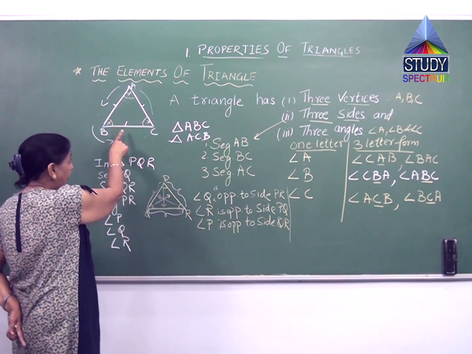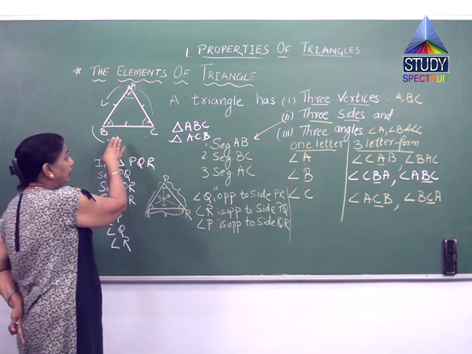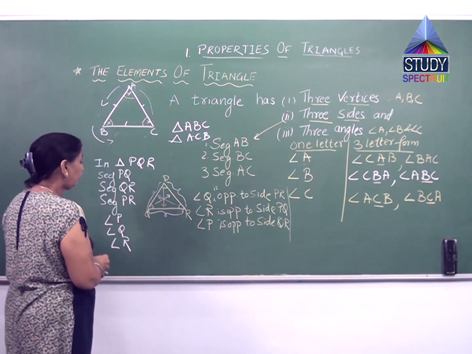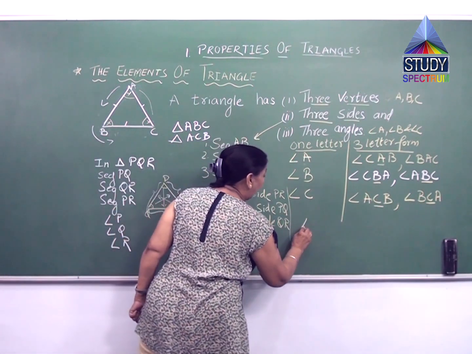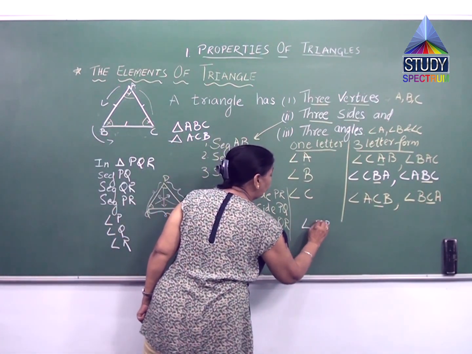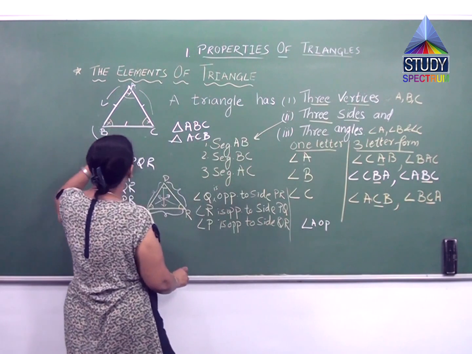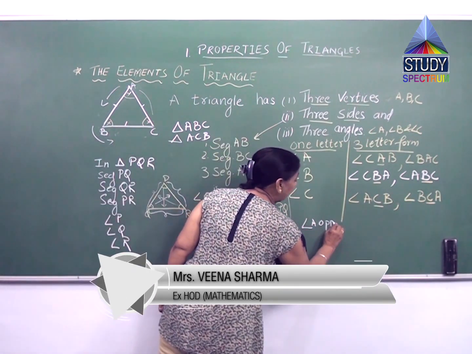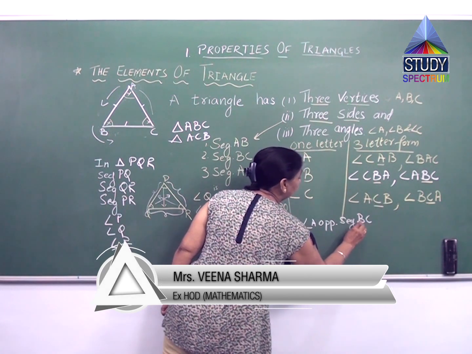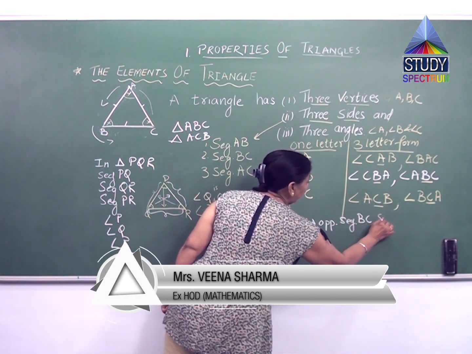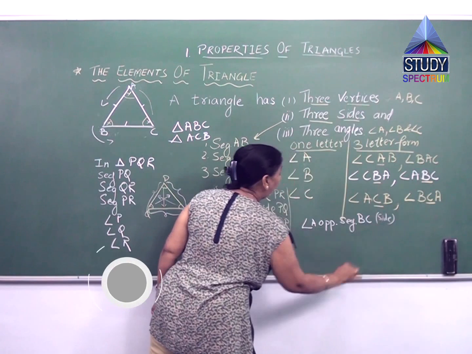Same way with the triangle which I have given first, here also I can say that angle A is opposite to what? Angle A is opposite to BC, segment BC or side BC. Right?